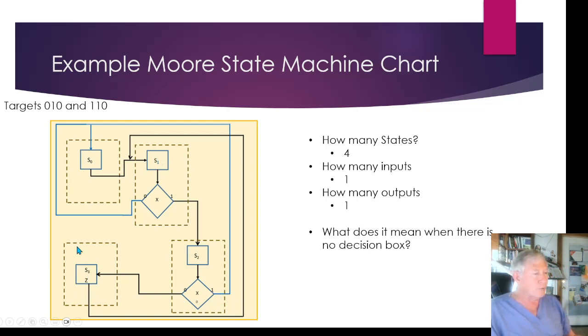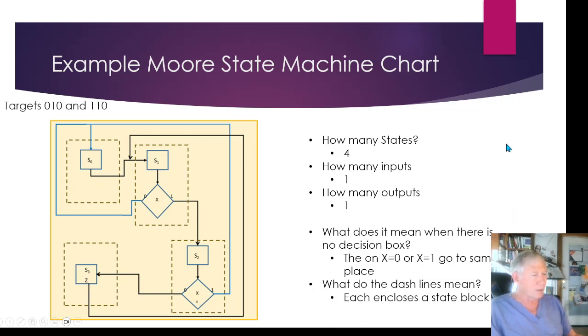We have essentially no decision box in S3 because although that is a target, our next value coming in is always going to take us to S1, because either way it's the first value in a possible next 3-value sequence. So that's why when there's no decision box, it means that on X equals 0 or X equals 1, we go to the same place. Okay, what do the dashed lines mean? They enclose each block. That's a block, that's a block, that's a block, that's a block.